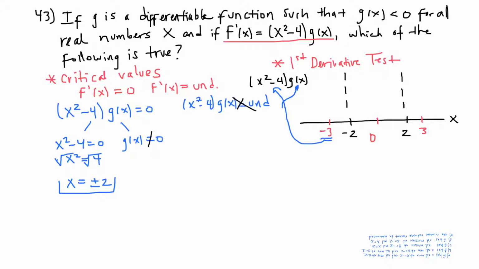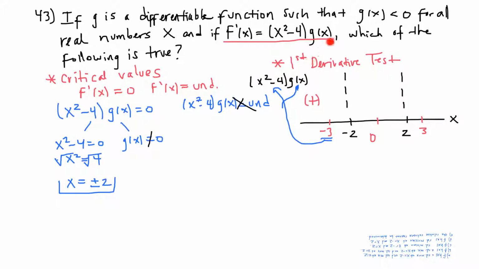So then let's put the negative 3 into x squared minus 4. That would be negative 3 squared, 9. 9 minus 4, that is a positive, isn't it? Positive. But now what about g of negative 3, because it's multiplying this?